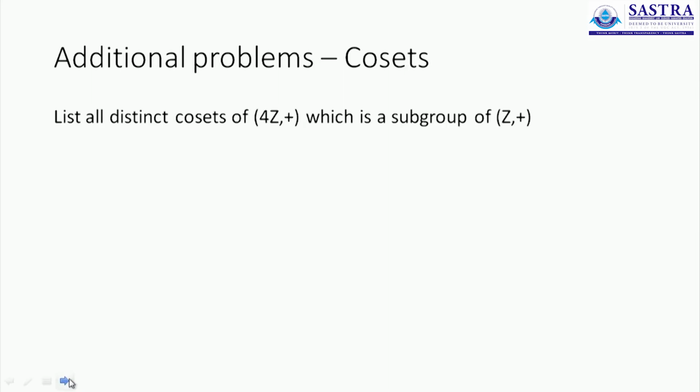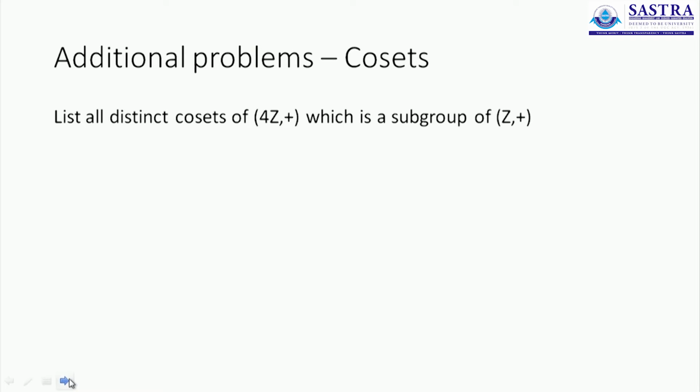Now the next question is to list all cosets. We discussed this last class and I wanted to just refresh the idea behind a coset before we move to the next topic. List all distinct cosets of 4Z plus, which is a subgroup of Z plus.